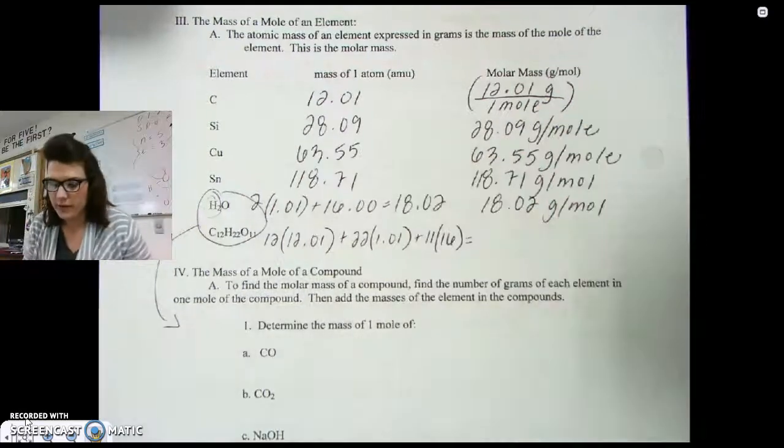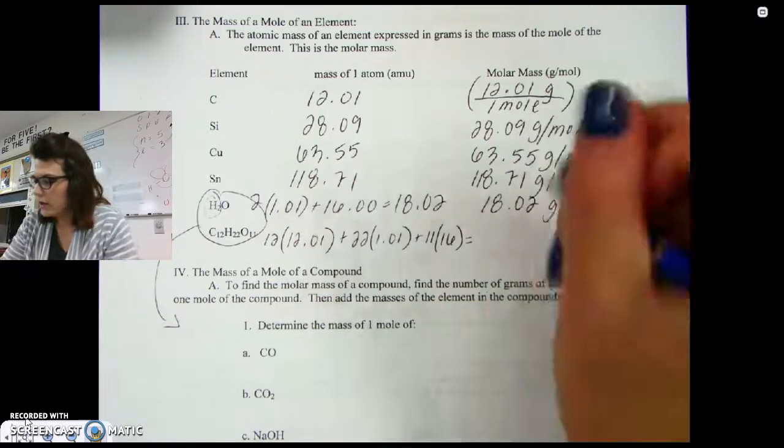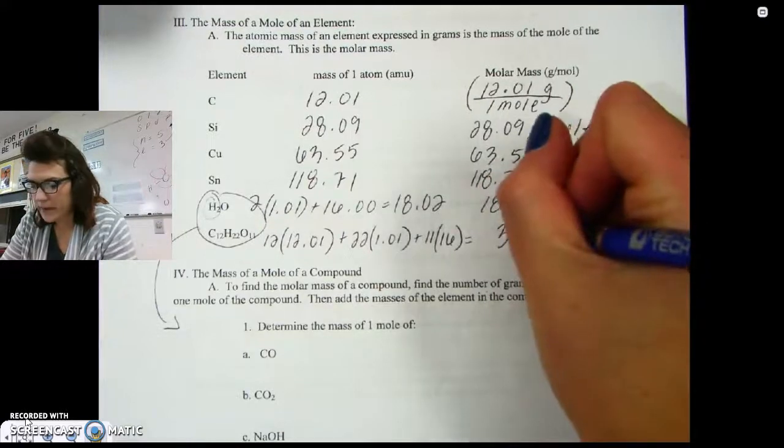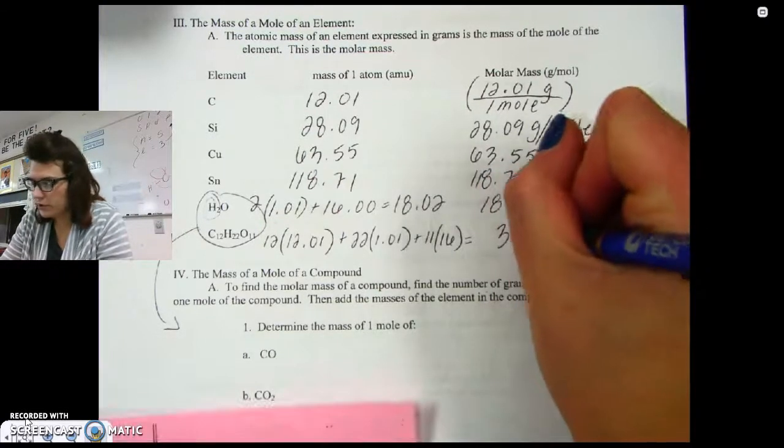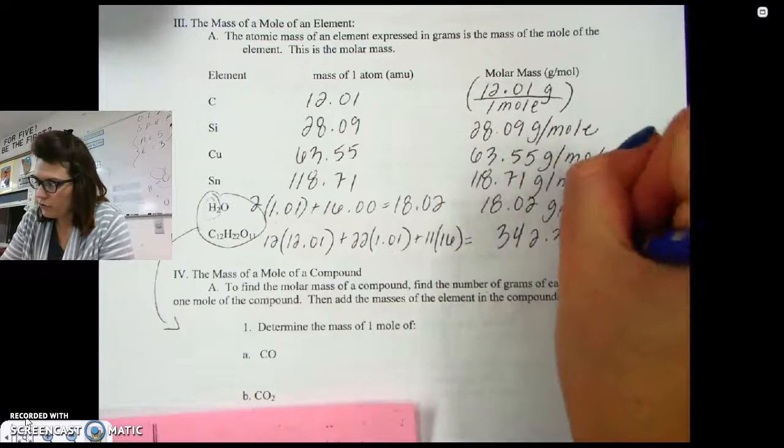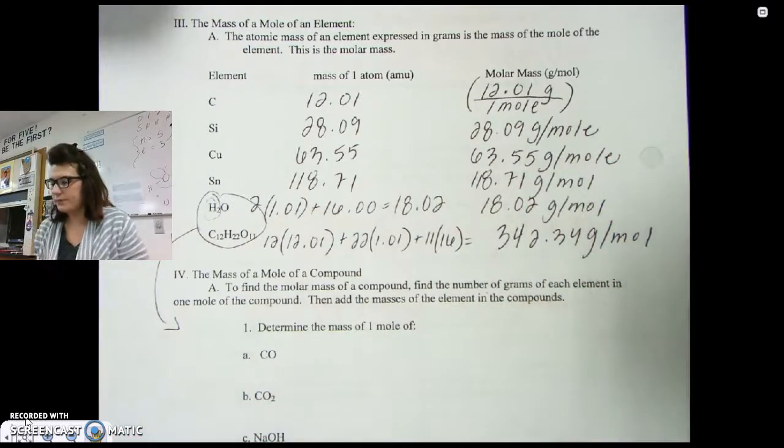So if I do that in my calculator, 12 times 12.01 plus 22 times 1.01 plus 11 times 16, I'll get a molar mass of this guy to be 342.34 grams per mole. Okay?